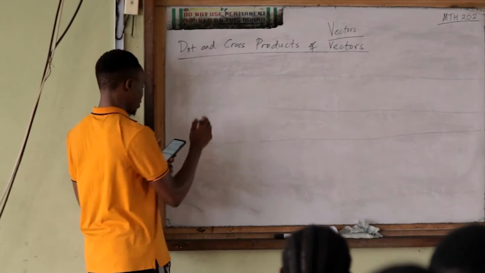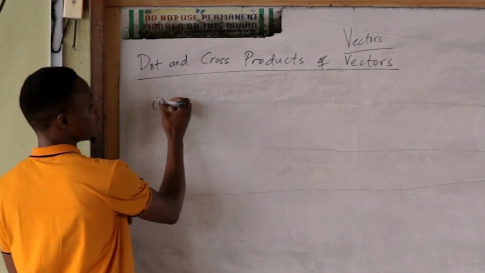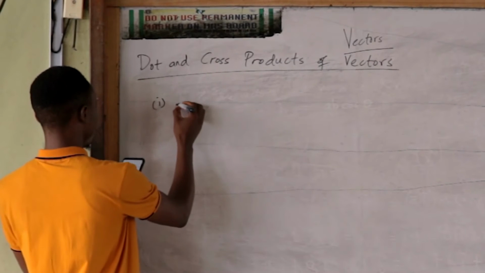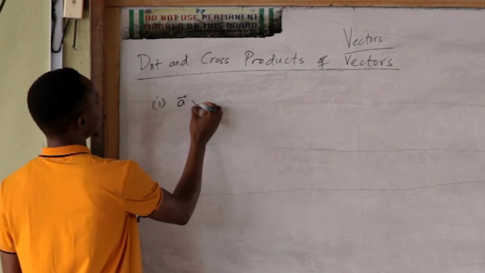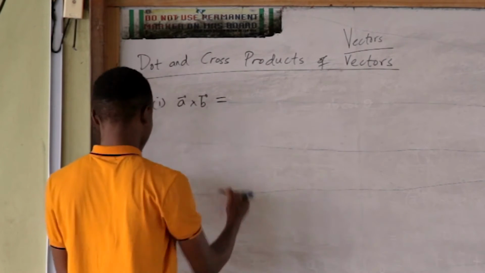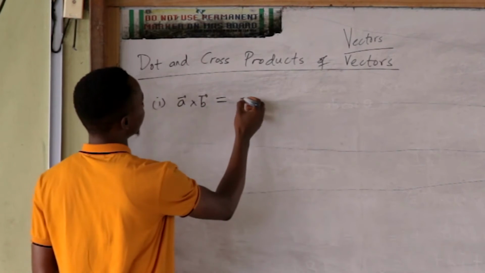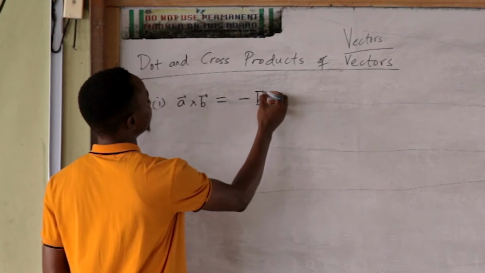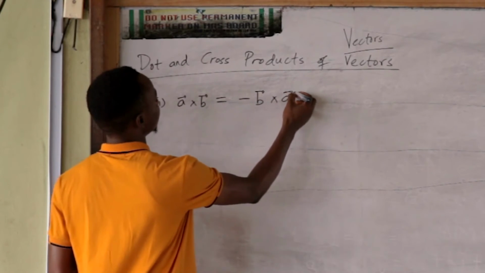So we have this for cross products now. The first one is that A cross B is not equal to B cross A. It is rather equal to minus B cross A. You get that?